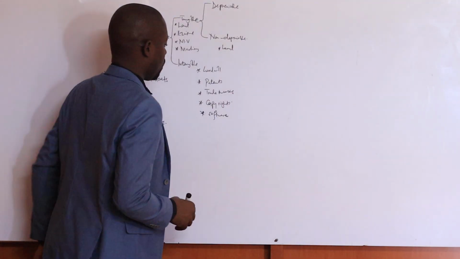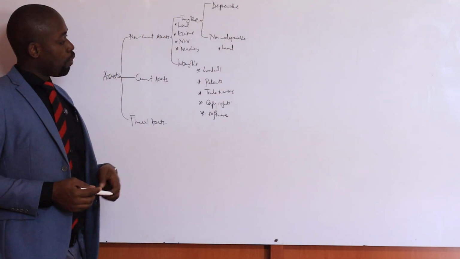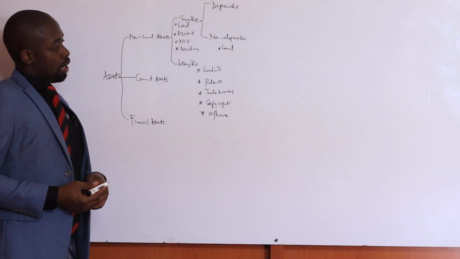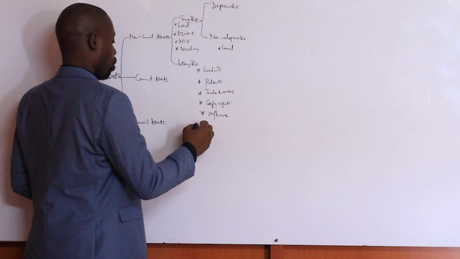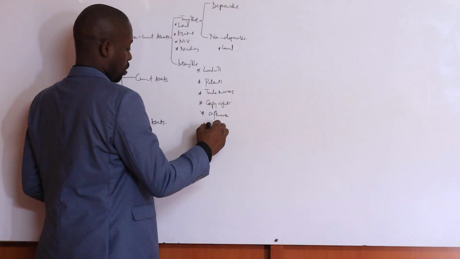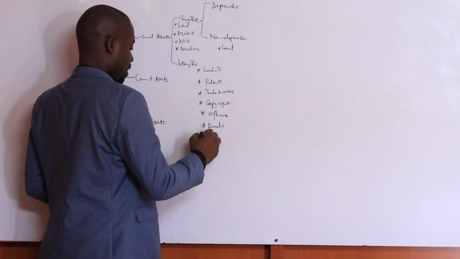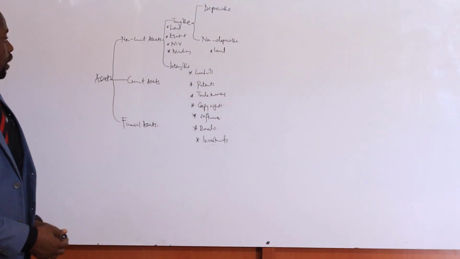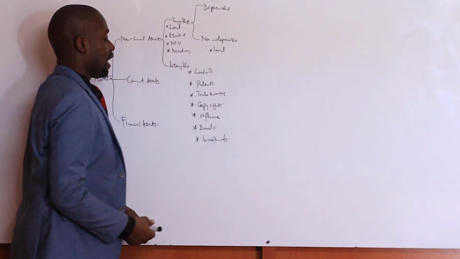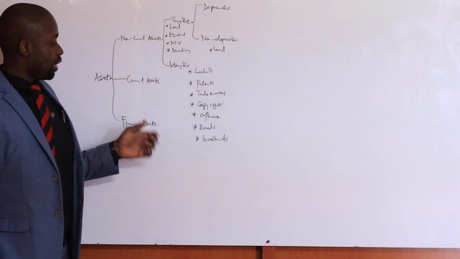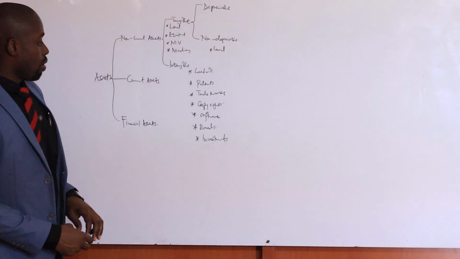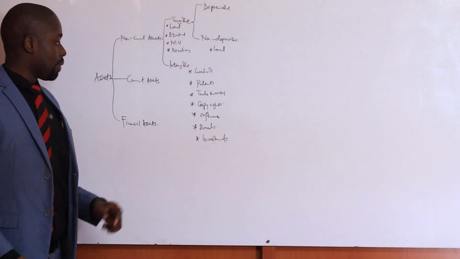Among others. These are the common types of intangible non-current assets. You can also have brands and investments. So let's define each of the intangible assets from goodwill to investments.